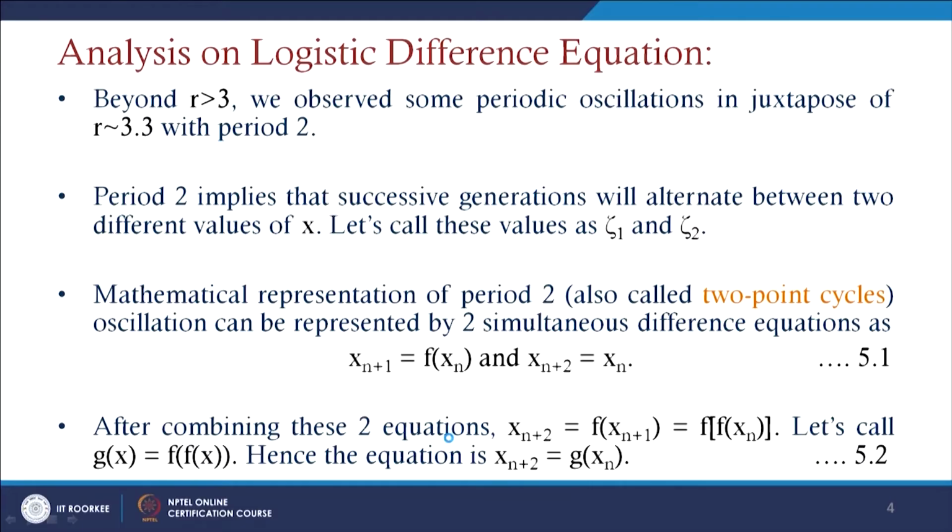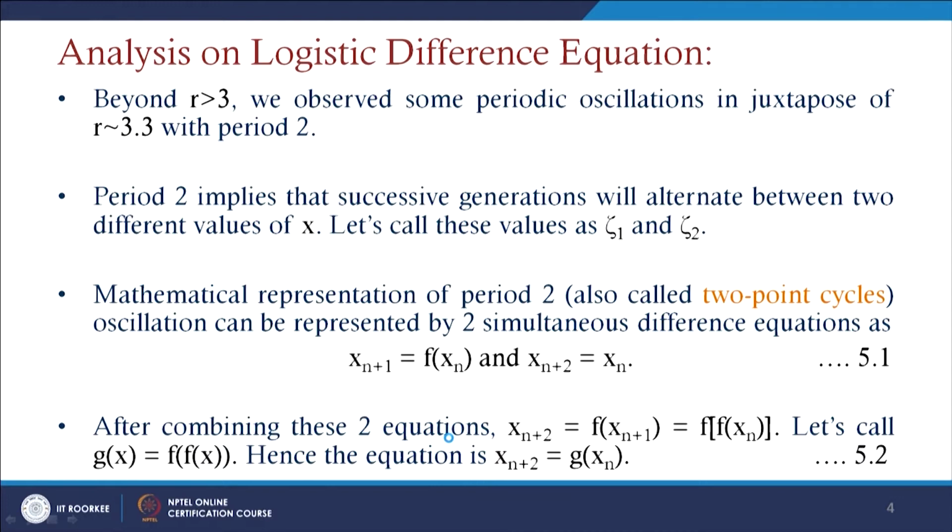So, based on these results, we are going to analyze the stability conditions of this difference equation for different r values. Beyond r greater than 3, we observed periodic oscillations for r approximately chosen as 3.3 and 3.33 with period 2.